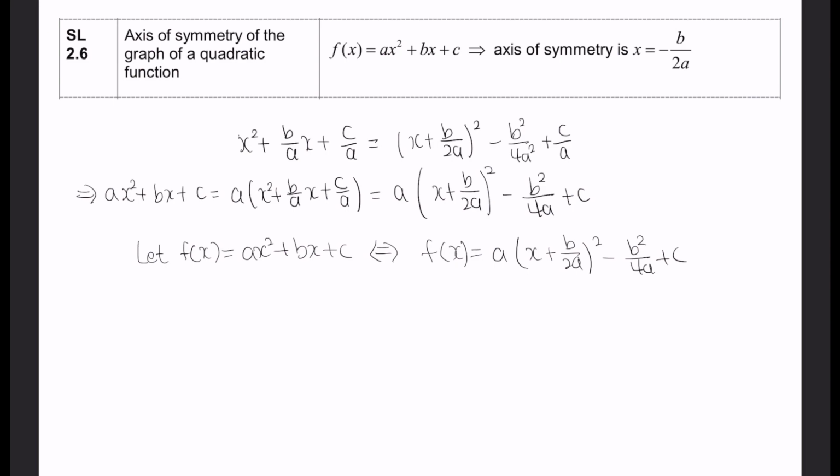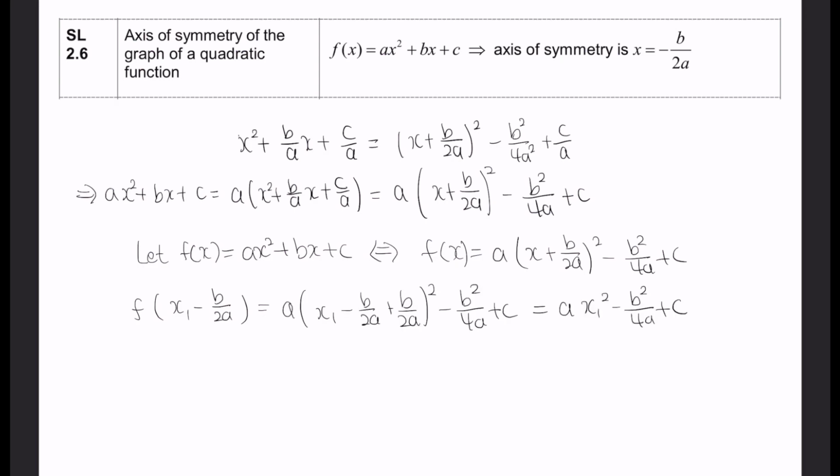Now, let us evaluate f of x when x equals x1 minus b over 2a, where x1 is any real number. We get a x1 squared minus b squared over 4a plus c. Next, let us evaluate f of x when x equals negative x1 minus b over 2a.